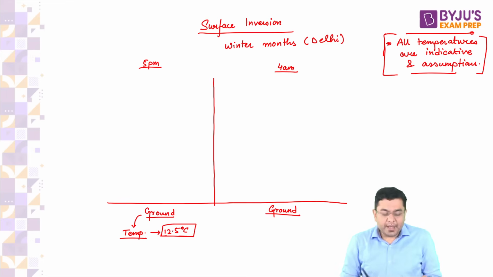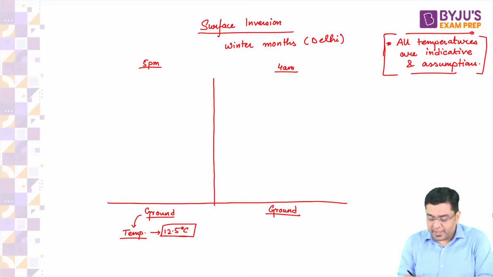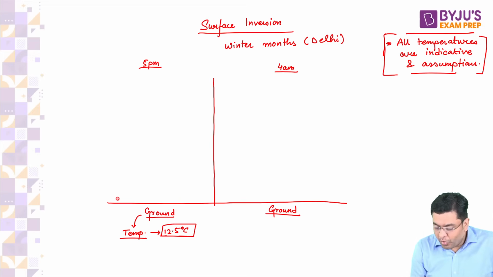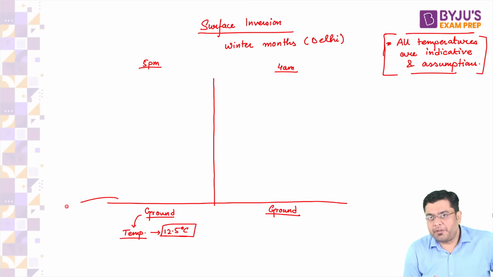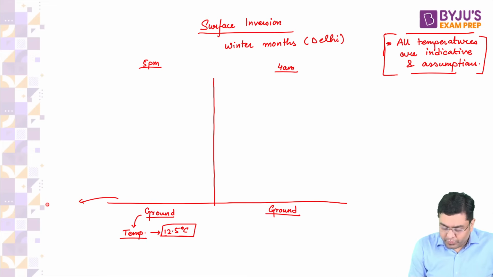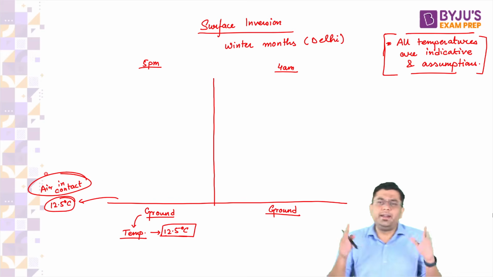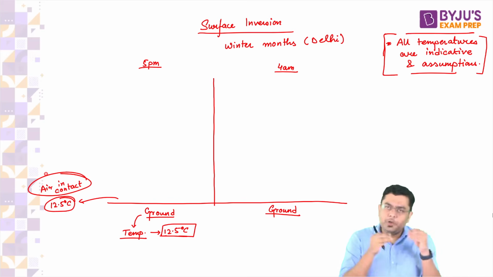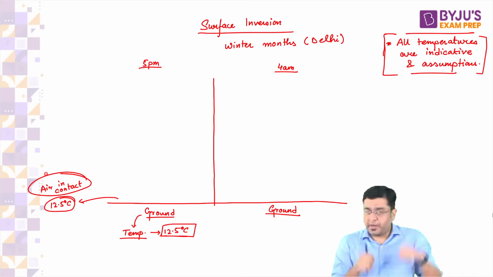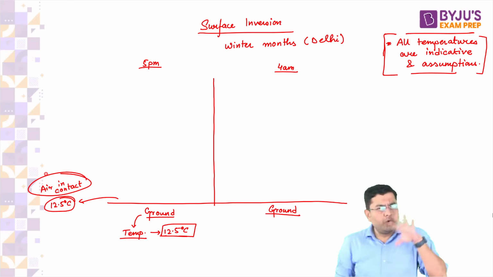Now, the air immediately in contact with the ground surface will also have a temperature of 12.5 degrees Celsius, air immediately above it. So here also temperature is 12.5 degrees Celsius. This indicates air in contact. As you move higher up for a set distance, I'm not telling 1 kilometer, 2 kilometer, 50 kilometers, 100 kilometers, 1 meter, 200 meter.